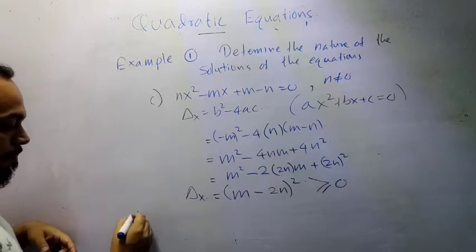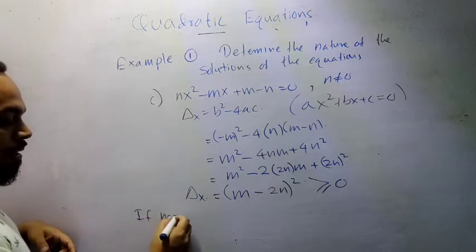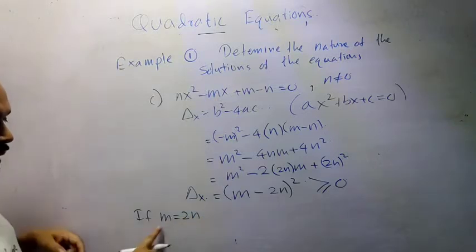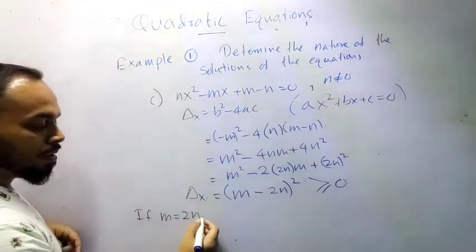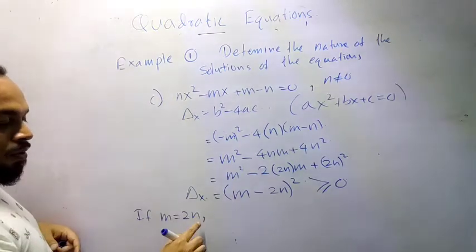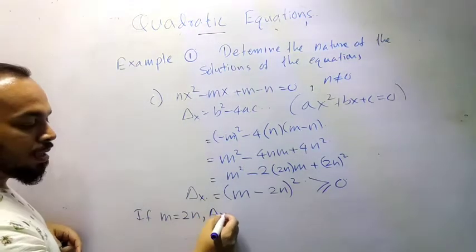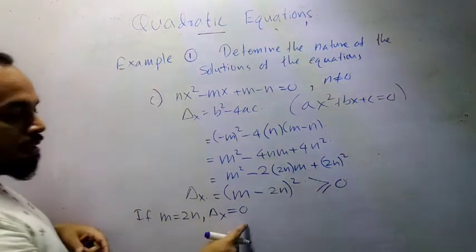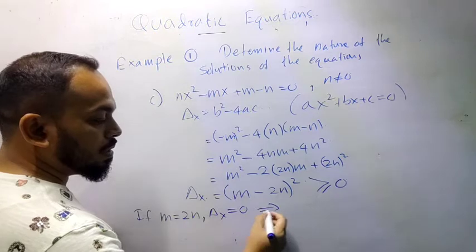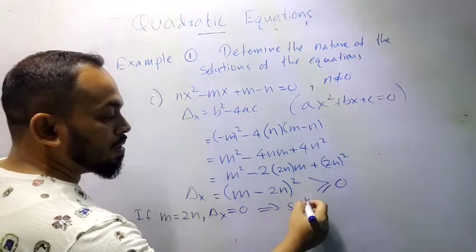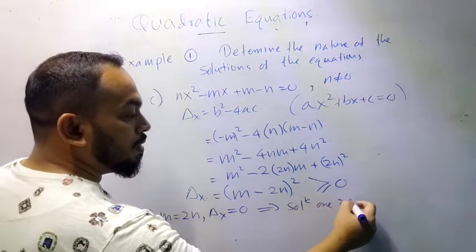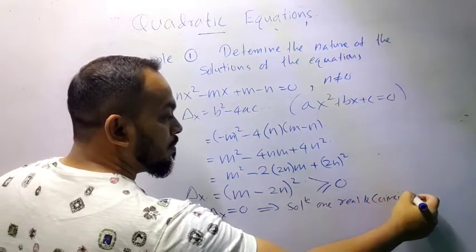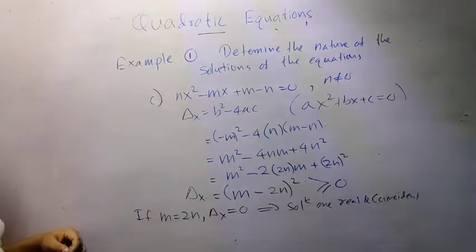If m is equal to 2n, what does that mean? Delta will be 0. If delta is equal to 0, that implies the solutions are real and coincident.